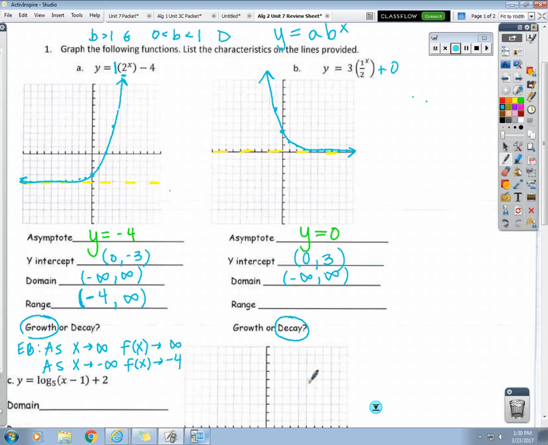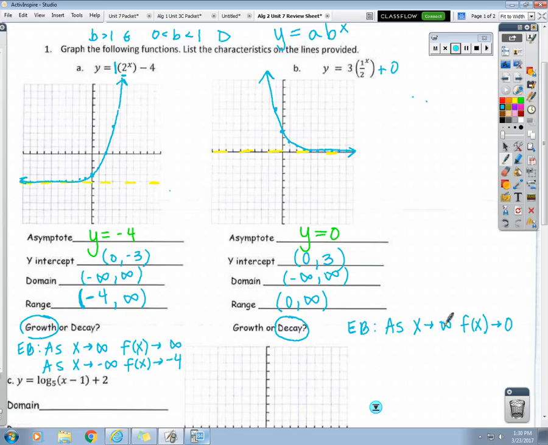Okay, range. What is the range? Correct. It goes from the asymptote and then up forever. When you're doing range, you always say down to up, how low it'll go and how high it'll go. Okay, now for end behavior. As x approaches infinity, f of x approaches what? 0.